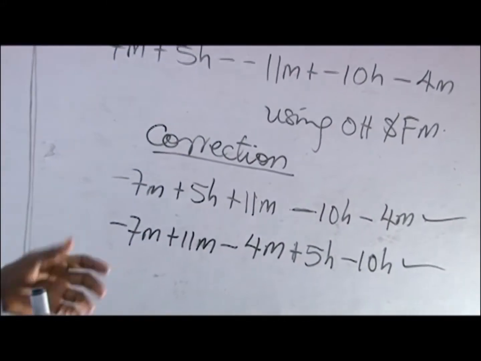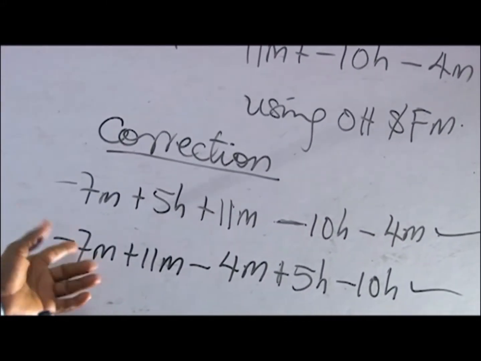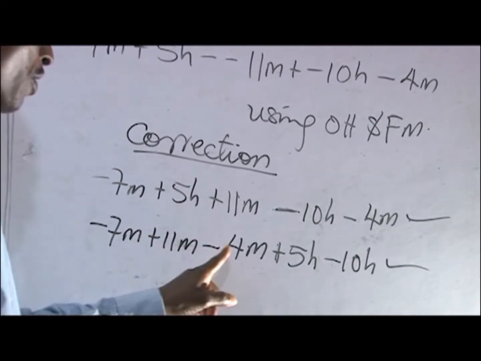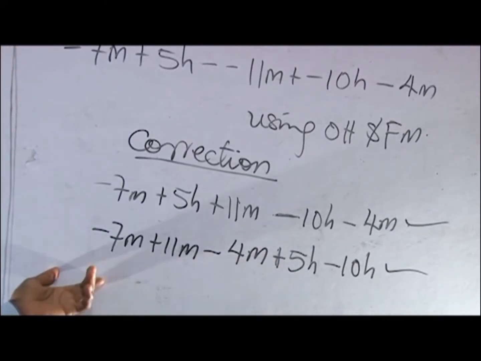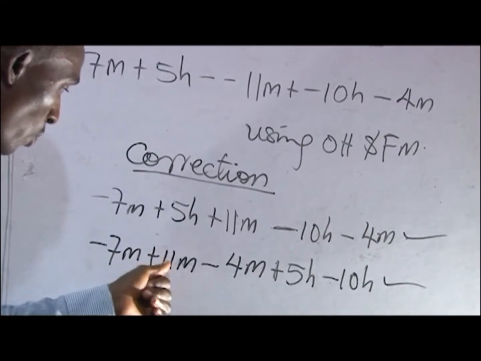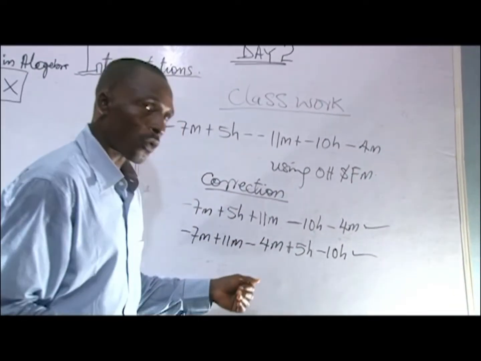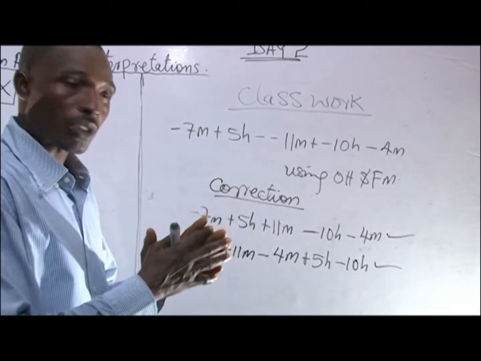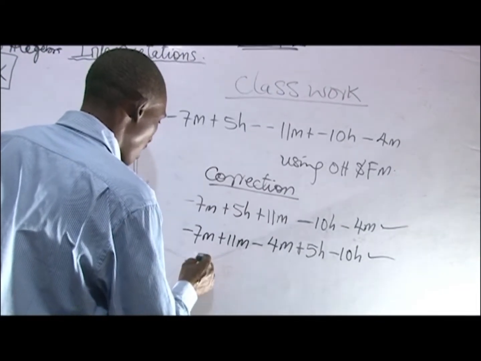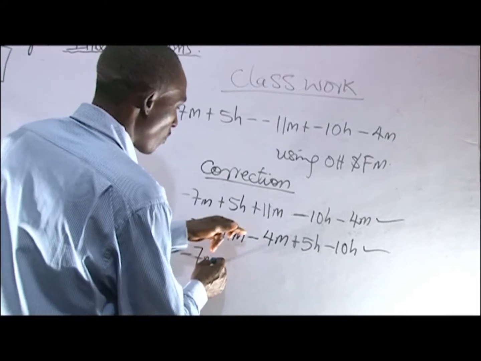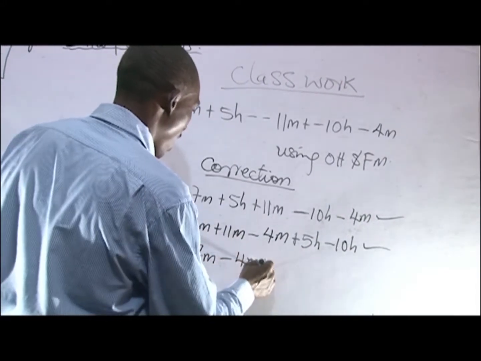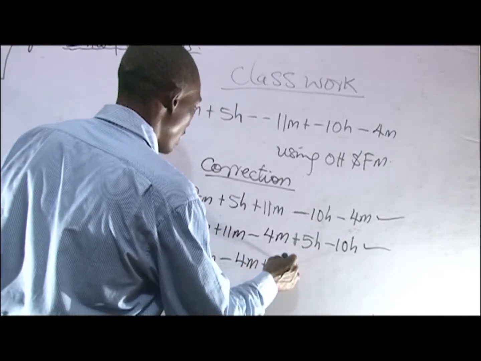The next thing, this is m, owing 7m, having 11m, owing 4m. If you look at this issue of m now, it's scattered. We're talking about owing, having, owing. No. This issue of m, owing should follow each other. Okay? So we have got to have owing 7m, another owing, yes, owing 4m, then having 11m.